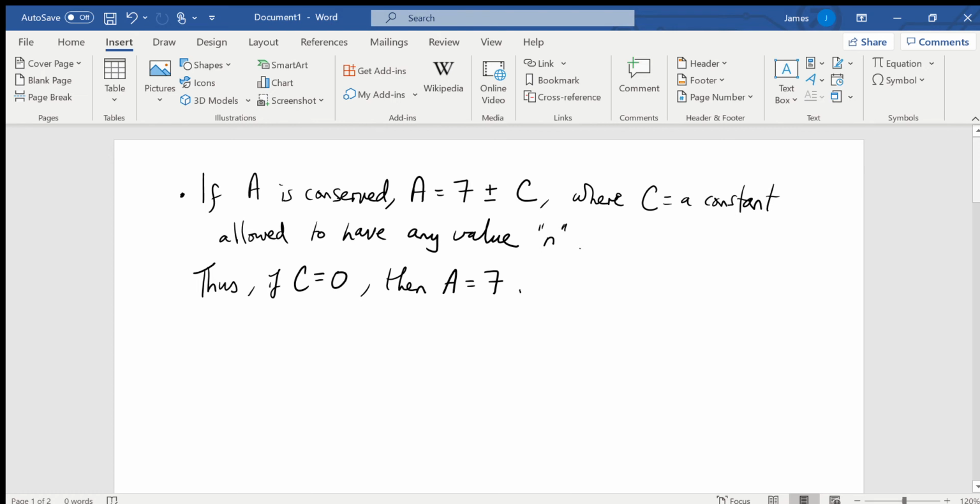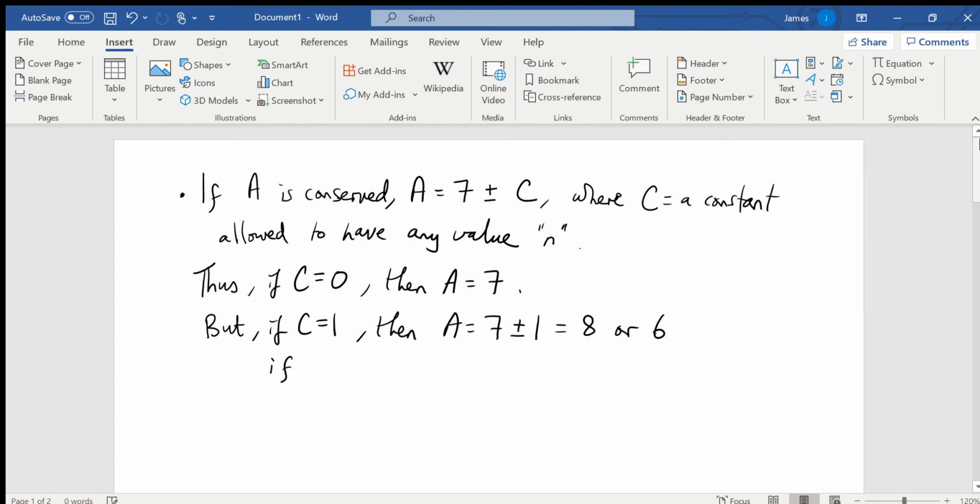But if, for example, C is equal to 1, then A is equal to 7 plus or minus 1, which could be 8 if it's plus, or 6 if it's minus.